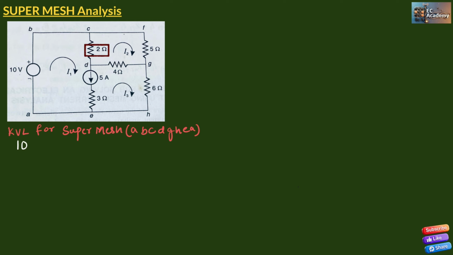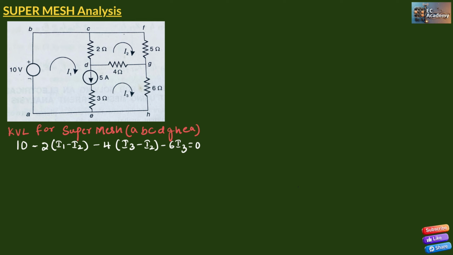The voltage drop across the 2 ohm resistor is minus 2 into (I1 minus I2). The voltage drop across the 4 ohm resistor is minus 4 into (I3 minus I2). The voltage drop across the 6 ohm resistor will be minus 6 into I3, and the sum will be equal to 0.